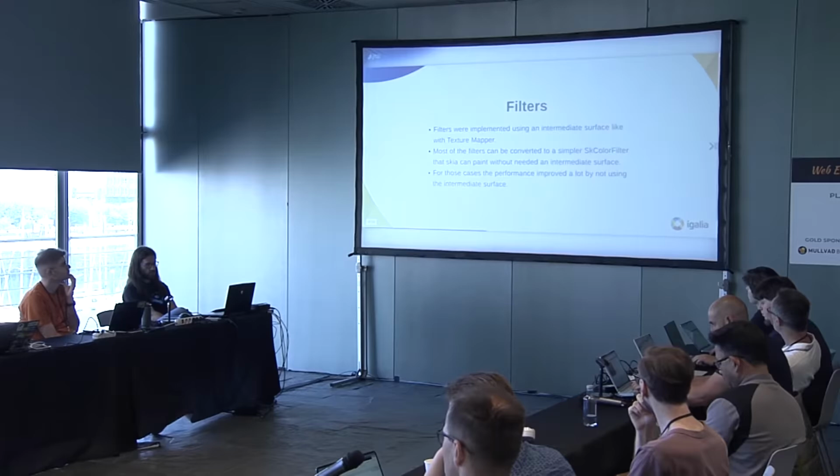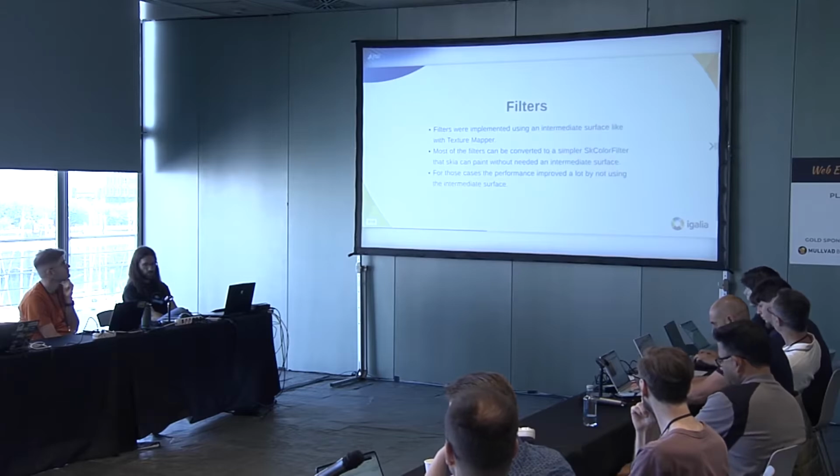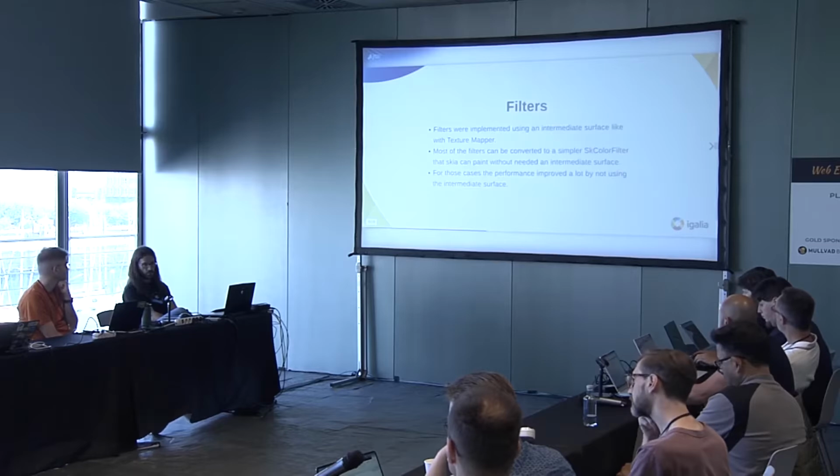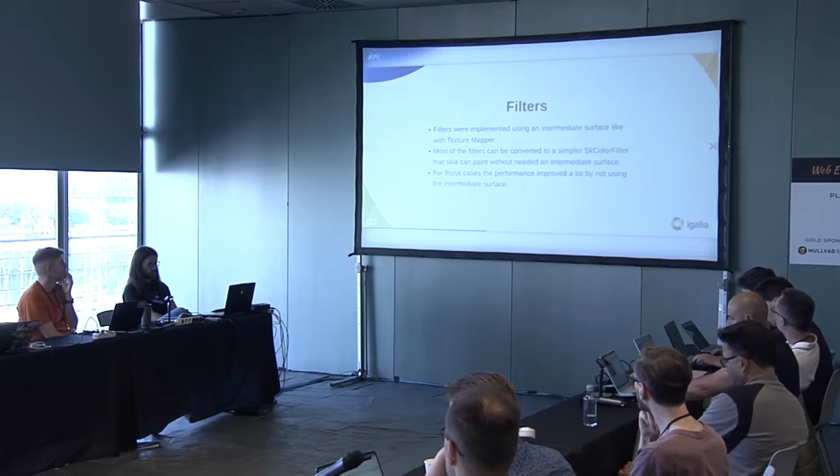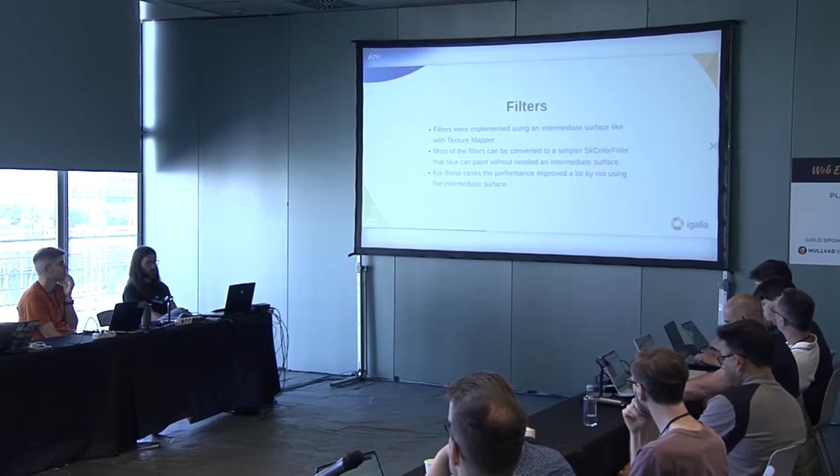And Skia can paint those color filters without using an intermediate surface. Basically, we set the color filter in the Skia paint that we pass to the draw image rect, and we get the filter applied without having to allocate an intermediate surface. So for those cases where we can convert to a simple color filter, the performance improved a lot.